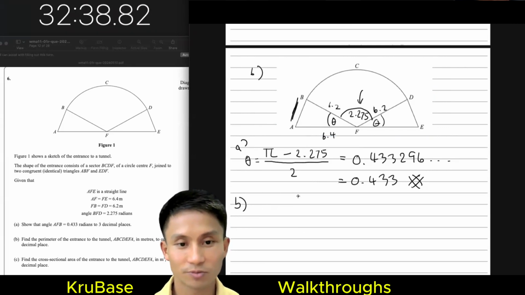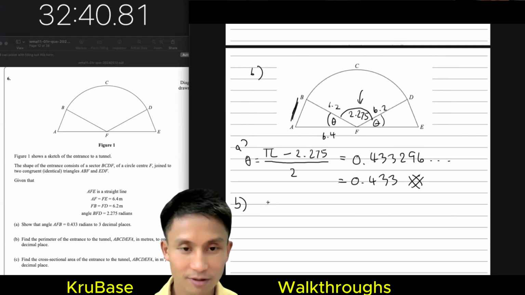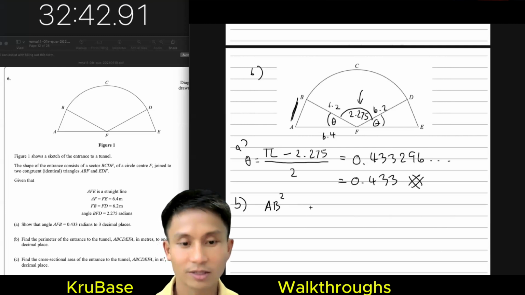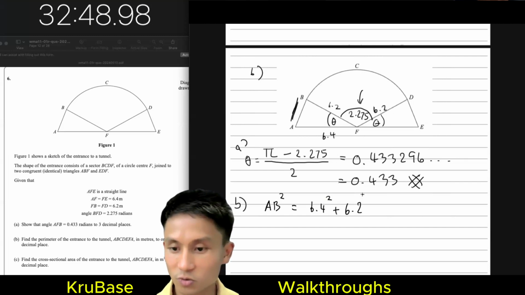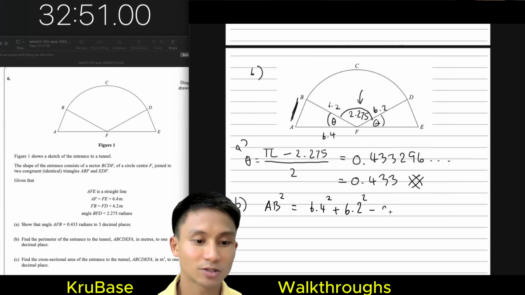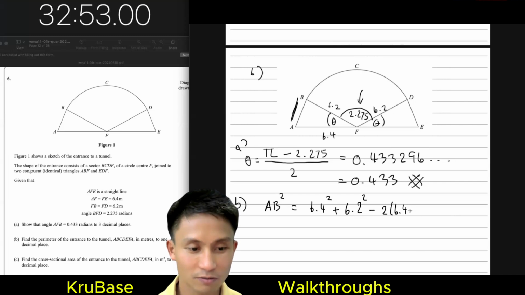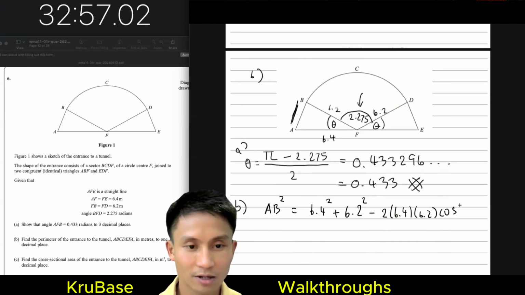So with the cosine rule, I'm going to have AB squared equals 6.4 squared plus 6.2 squared minus 2 times the product of the two sides and cosine of that angle, which I'll just write as theta.